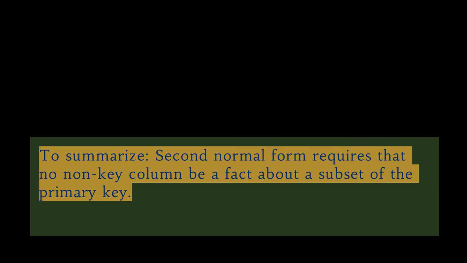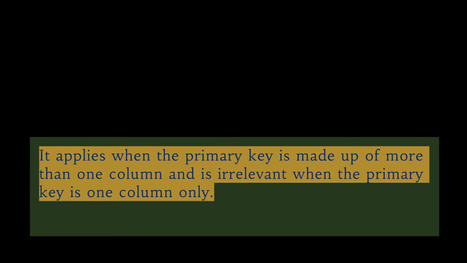To summarize, second normal form requires that no non-key column be a fact about a subset of the primary key. It applies when the primary key is made up of more than one column and is irrelevant when the primary key is one column only. Third normal form.